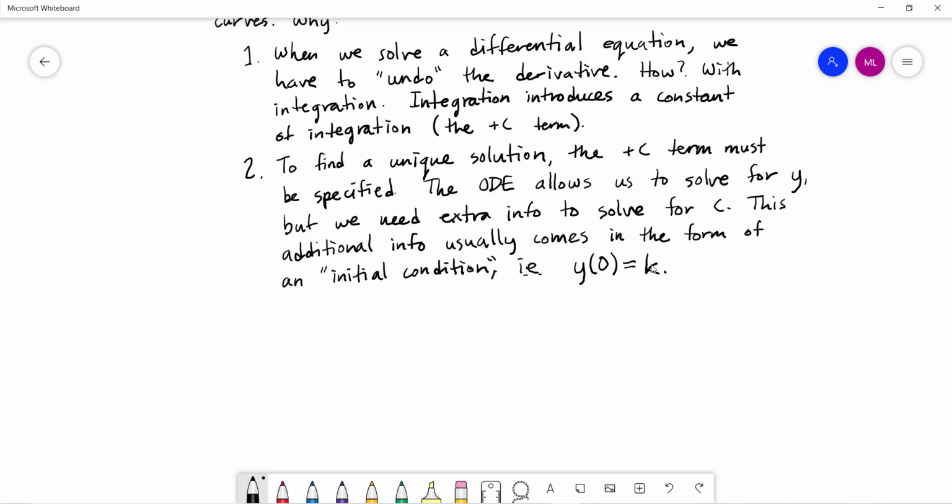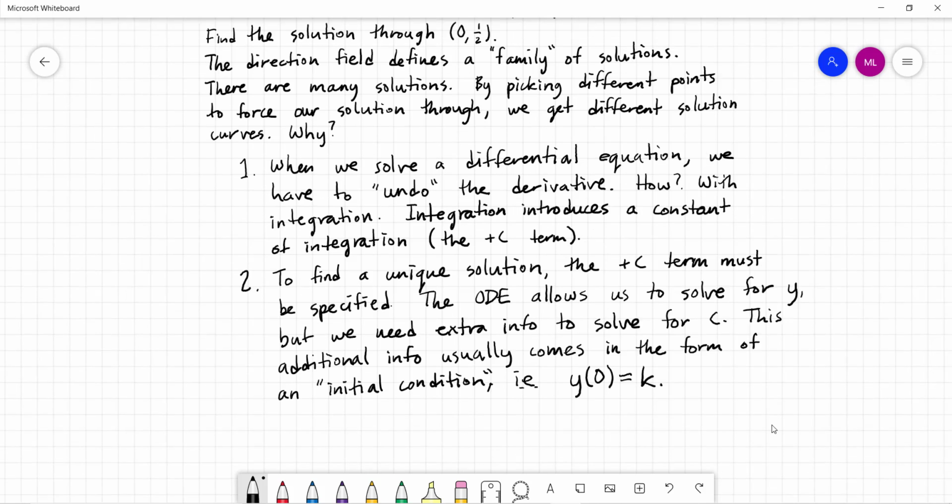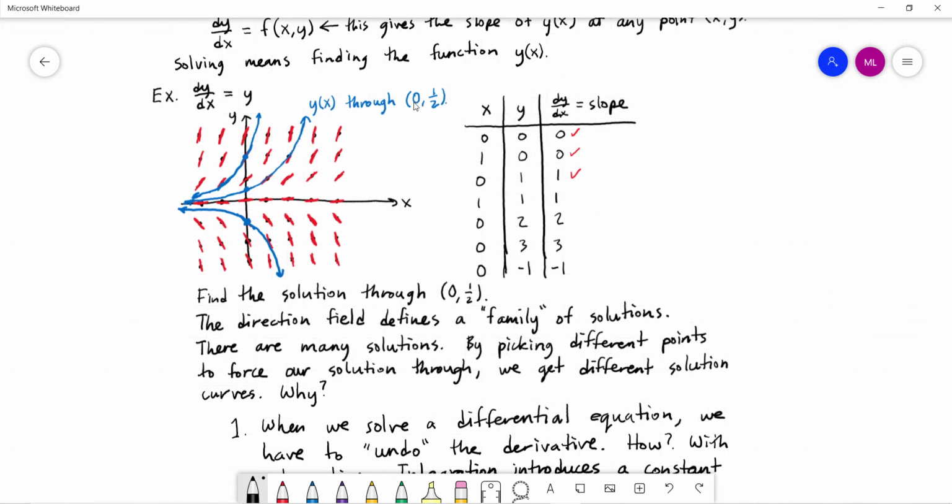So essentially, you can think of this as being the exact same thing as specifying a point like this. In fact, if I wanted to rewrite this one up here, I could rewrite this as y of 0 equals a half. That's exactly what it's saying. When the x value is 0, what is the y value? 1/2. Y of 0 is 1/2.